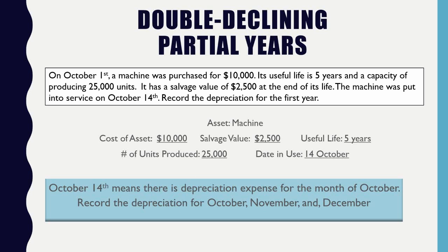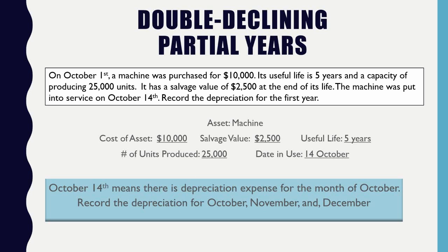Now, if you're planning to depreciate at the end of the year, December 31st, how many months are you actually going to depreciate this for? We have October, we have to do November, and we have to do December. So for the first year, you're only going to depreciate it for 3 months, right?